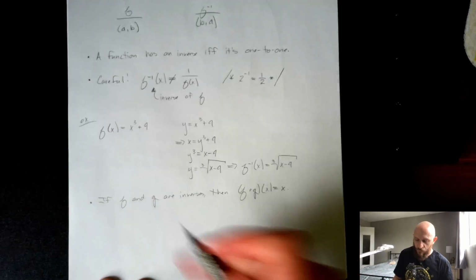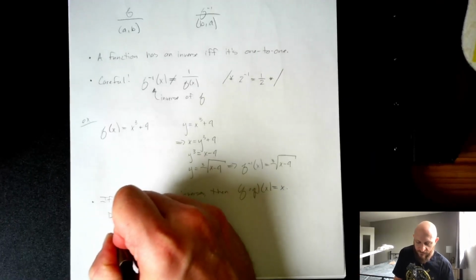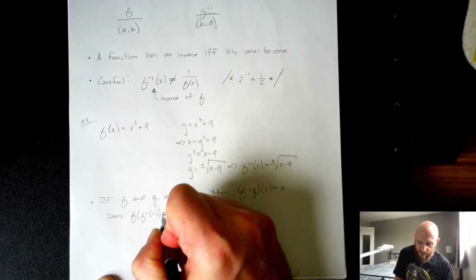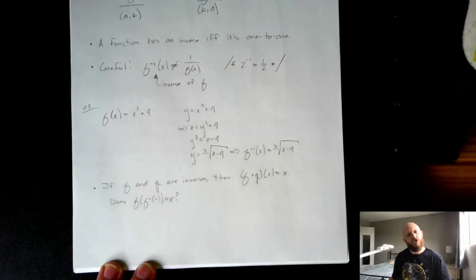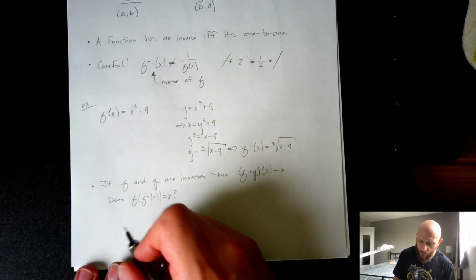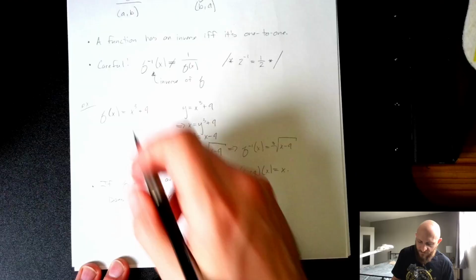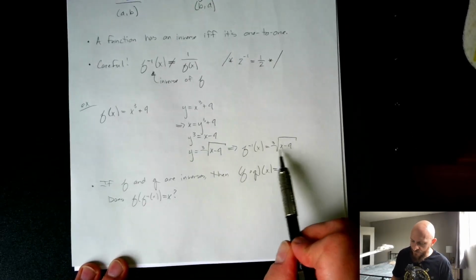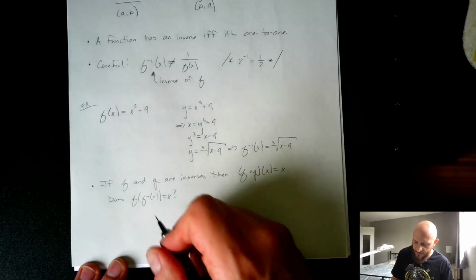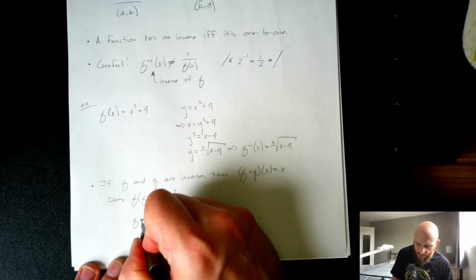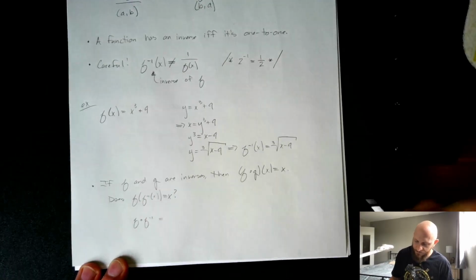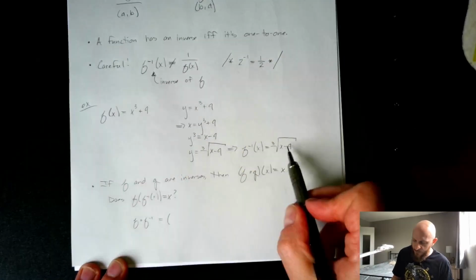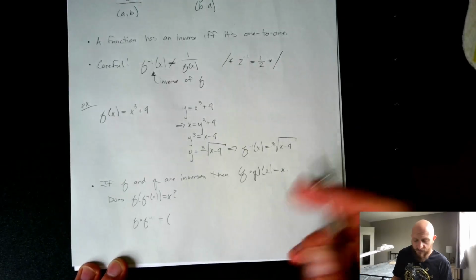So let's check. Does f of f inverse of x equal x? That's what we're checking. Well, f of x is x cubed plus 9. F inverse is the cube root of x minus 9. So f of f inverse is equal to f of x, so the x cubed, but into x we're plugging the cube root of x minus 9.